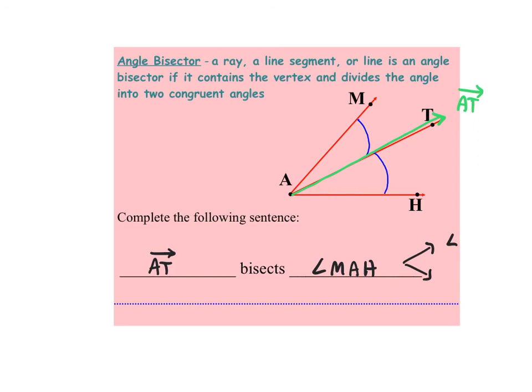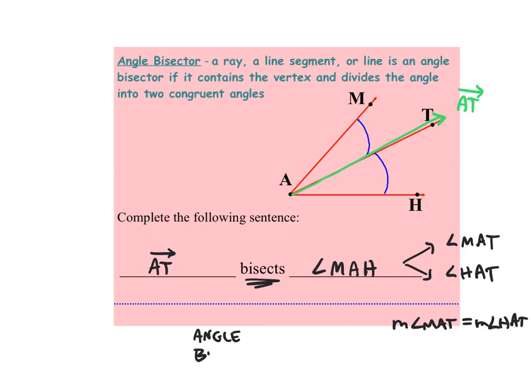So it splits it into angle MAT and into angle HAT. And if the measure of angle MAT is equal to the measure of angle HAT, then we have what's called an angle bisector.